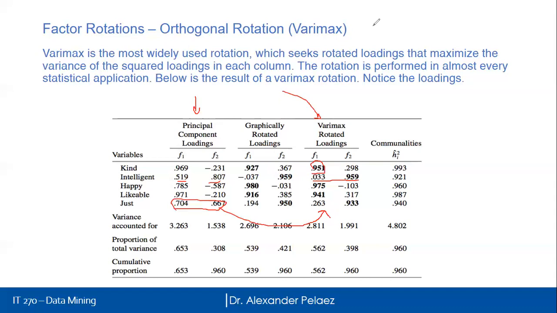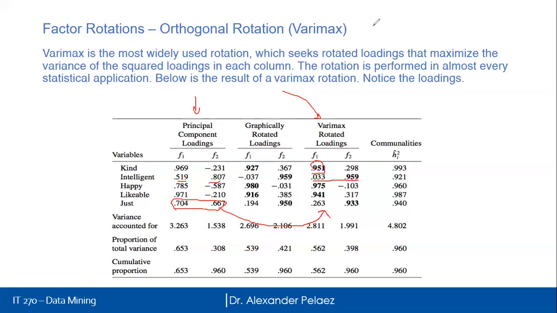Is there a time when you would want to look at the non-rotated values prior to seeing the rotated ones? You're always going to look at the non-rotated values first, okay? Because you want to see what they are non-rotated. A lot of academics will just ignore it right away and jump into the rotated values because, like I just said, most of the time you're going to need to do a rotation.